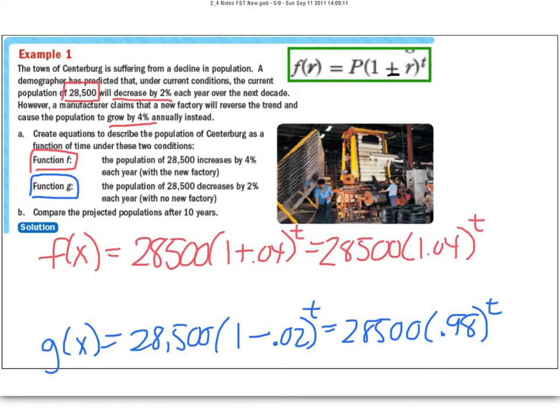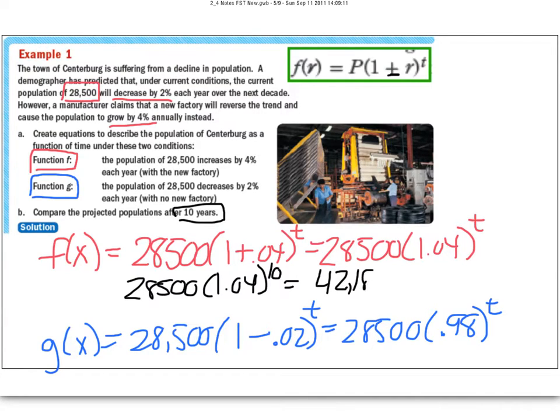Now they do want us to come in and make projections after the 10 years have gone by. So if we do that, let's just take for the f function 28,500 times 1.04 to the 10th power. That will give us 42,108.96.